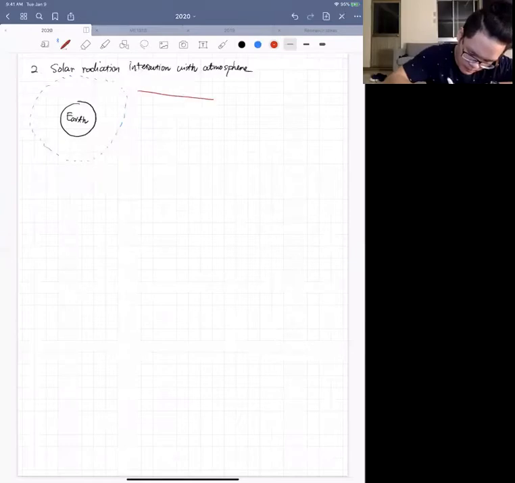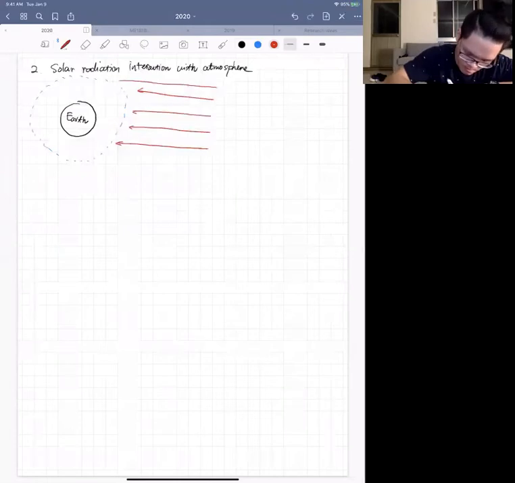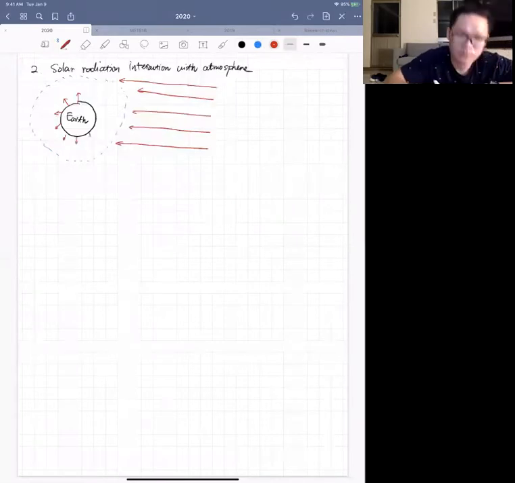As I said, approximately you can think of the solar radiation coming in as parallel rays because of the small solar angle. The Earth itself is also emitting some thermal radiation, but this is a very small amount compared to the incoming solar radiation.